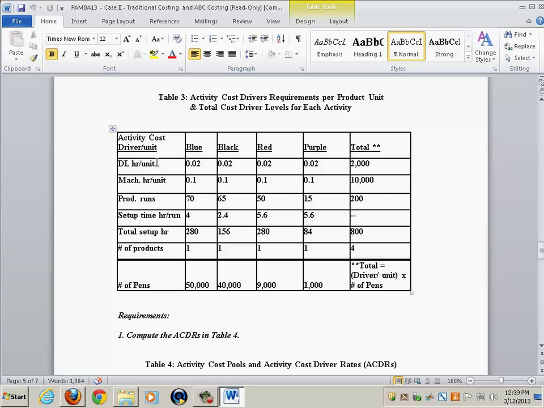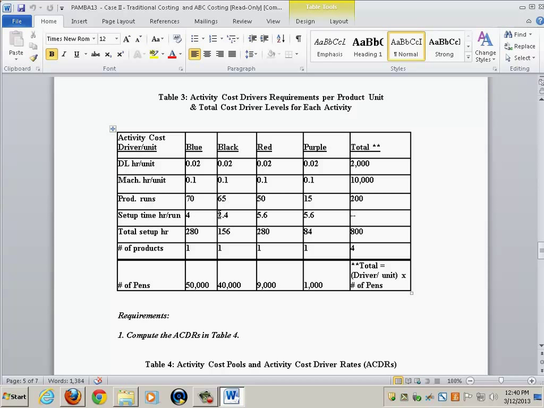Now total runs required for each product is estimated and specified: 70, 65 for blue and black, 50 for red, 15 for purple. Notice that relative to the number of units produced of red and purple, the number of runs required is high relative to the number of pens produced. Setup time, hours per run.